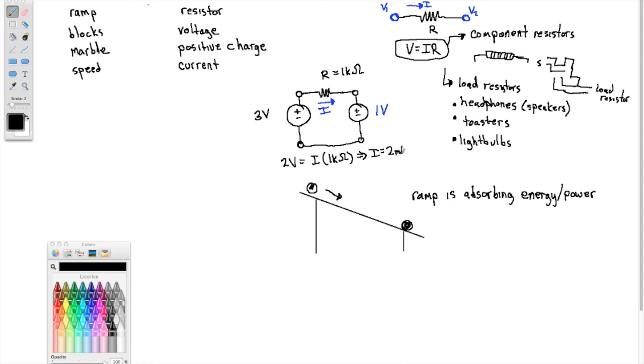Milliamps. So when you divide by kilo, 10 to the third, you get 10 to the minus third, milli. So the magnitude of the current is 2 milliamps, and the direction is from left to right, high potential to low potential.